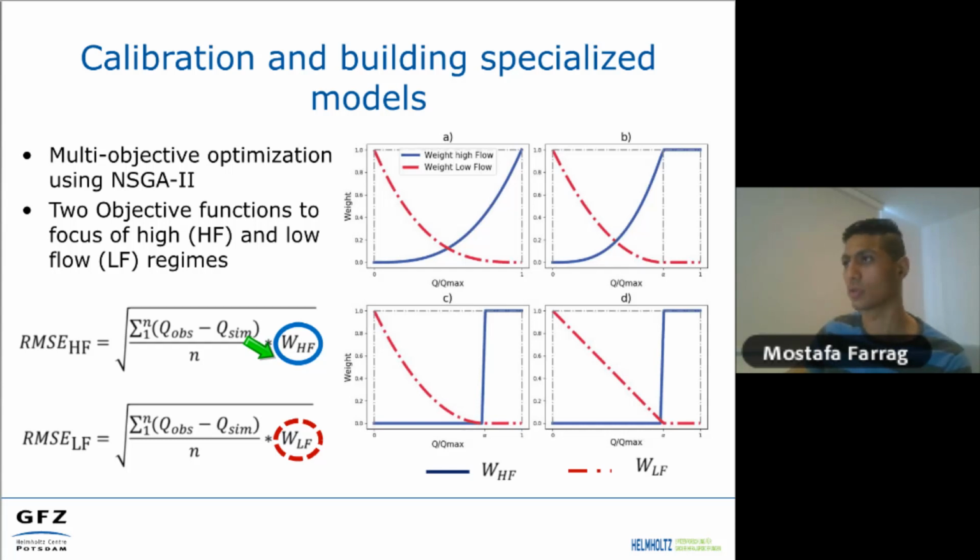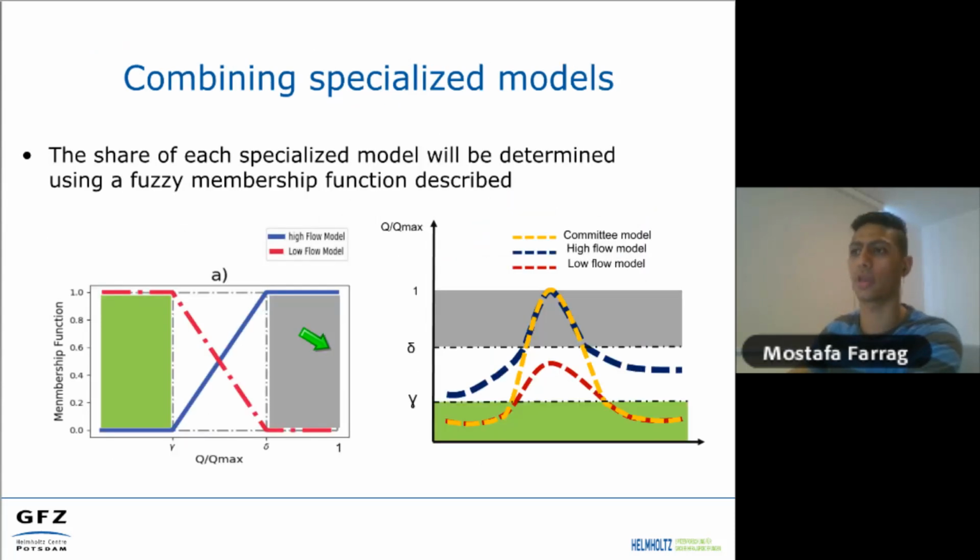These weights are based on weighting schemes, which give a weight to all the values of the simulated hydrograph based on the relative value of the discharge to the maximum value. After calibrating the model based on those two objectives, we come to the problem of how we can combine both models in order to have one hydrograph.